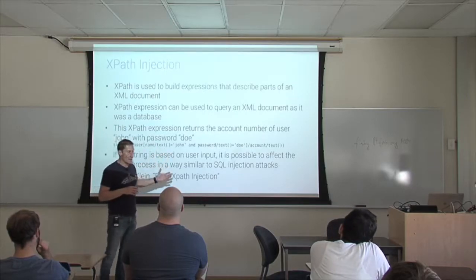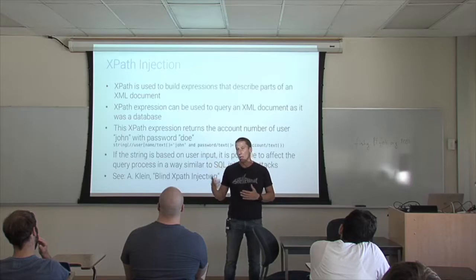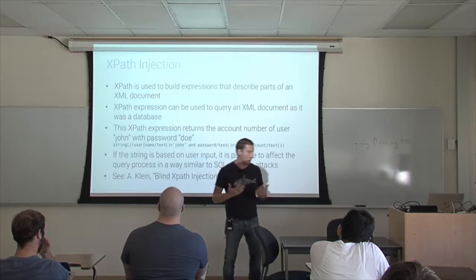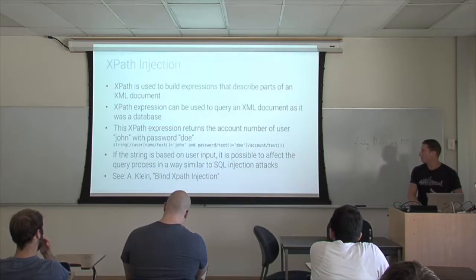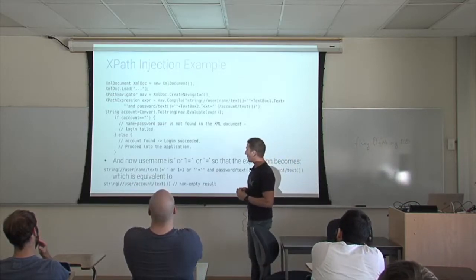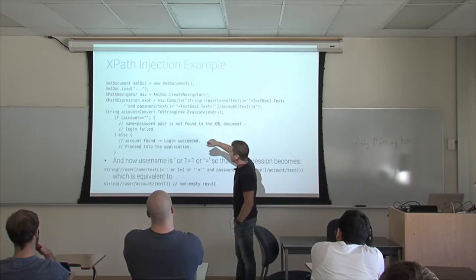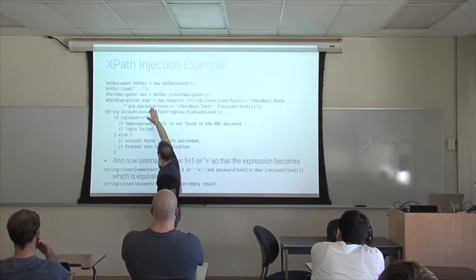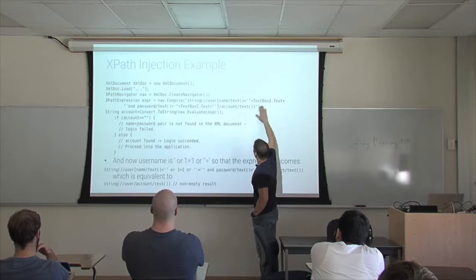I haven't seen a lot of that in the wild, but definitely it's something that is very similar to DOM-based cross-site scripting, which has the same concept of using injection as the basis for generating the cross-site scripting. So here you can see how that document would be used. There is the XPath expression that is built using the data provided by the user.